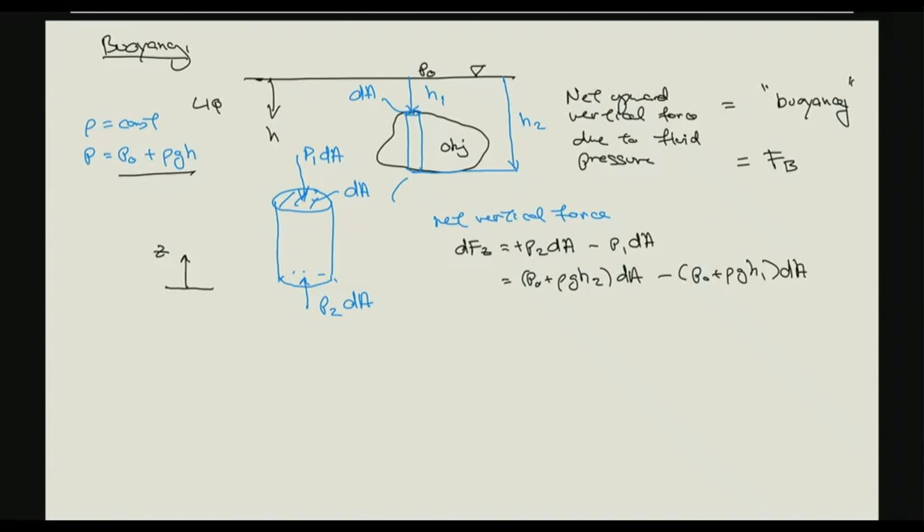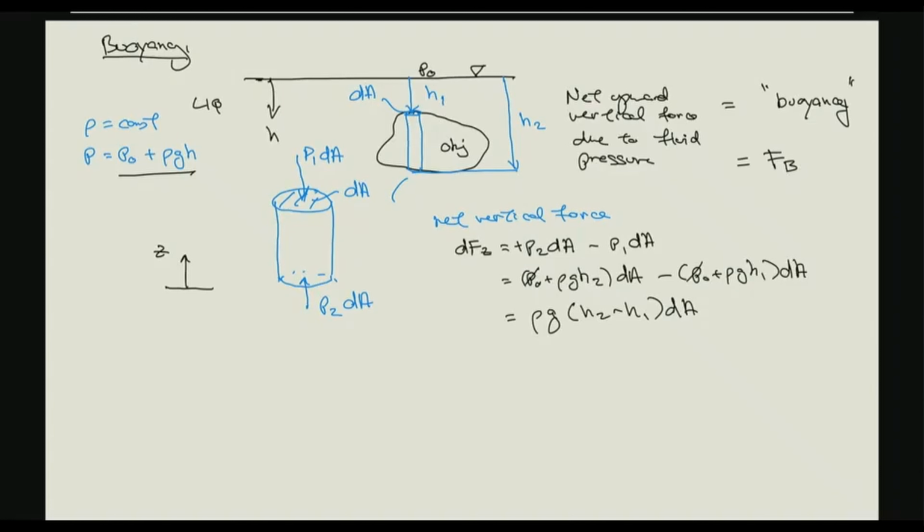Then the P naughts cancel, and so we're just going to have our constant rho g, (H2 minus H1) dA. So that's this differential force in the vertical due to the fluid pressure acting on the object.